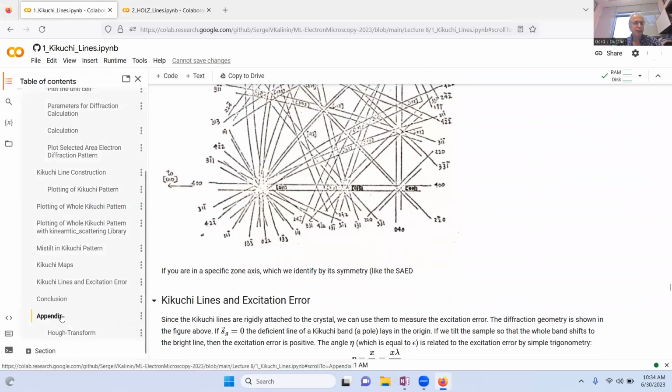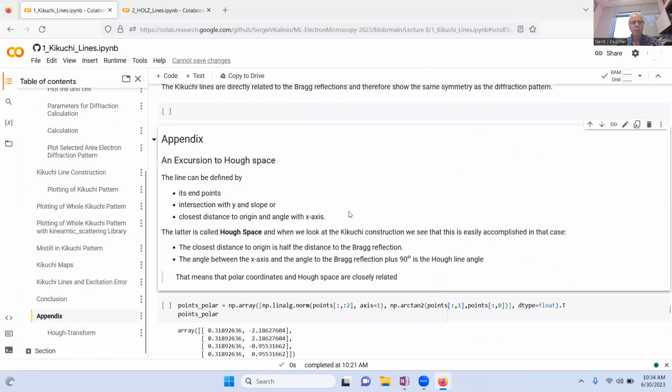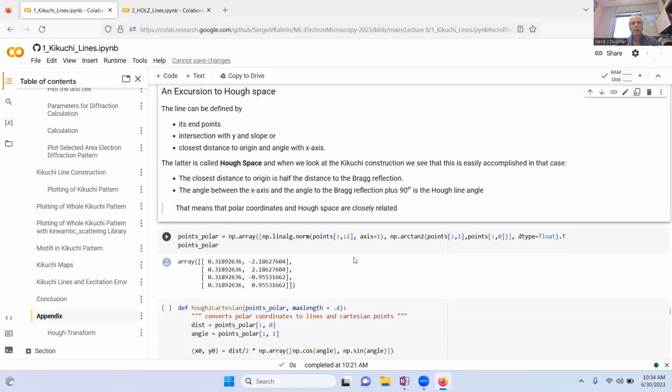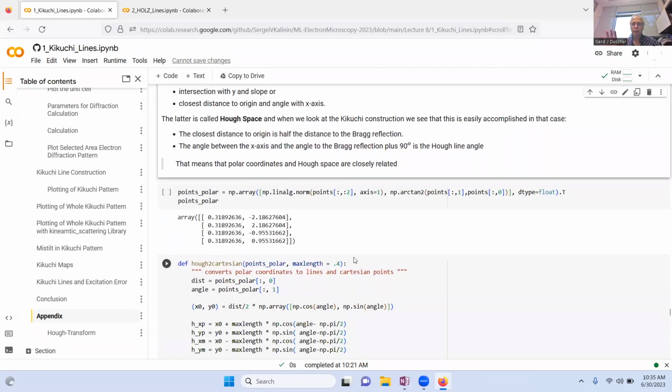Let's go back down here. And so without any kind of extra mathematics, we know exactly where they are. So polar coordinates and half space are your friends.